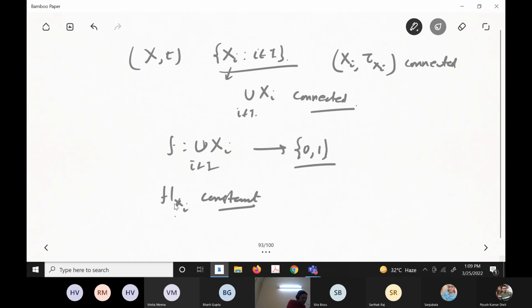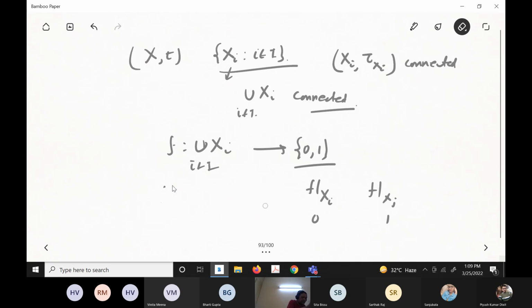But you may say f on X_i and f on X_j, here it is 0, and it is 1. I am saying it is not possible because of the chain. Look here, if you have a chain, why is it not possible? Look here, you have X_i. Here you are going this way.